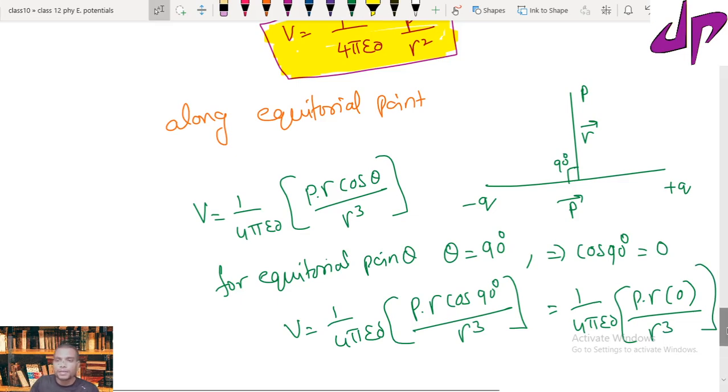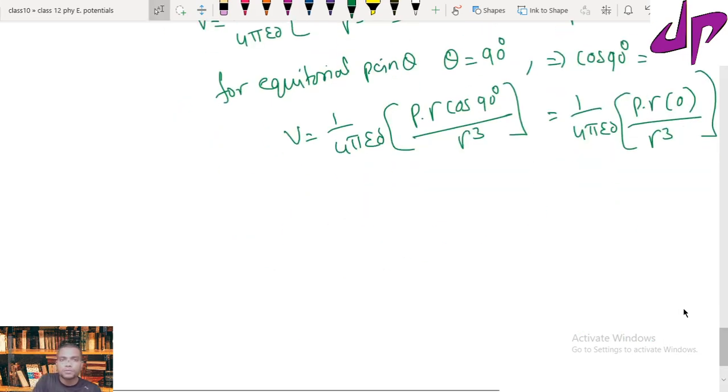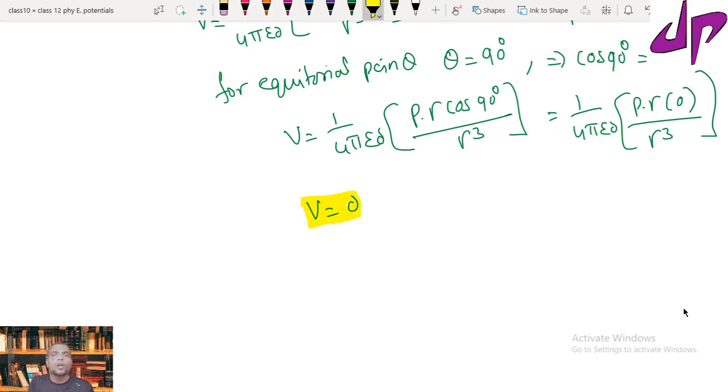Finally, V equals 0. It is correct: the potential is 0 for an electric dipole if the point is along the equatorial line.